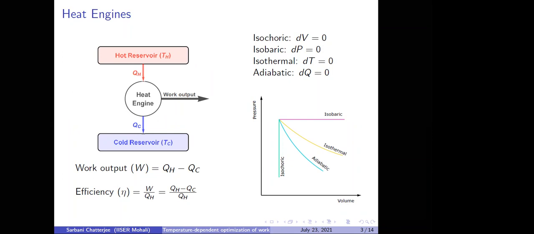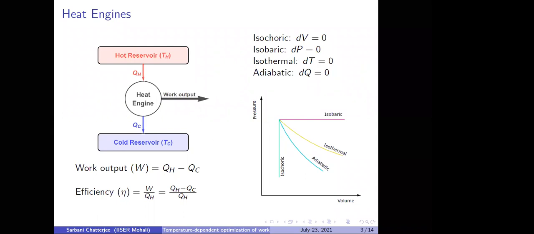Generally, we illustrate a heat engine using the energy reservoir model, which shows the engine connected to two thermal reservoirs, one of which is kept at a very high temperature, say TH, and is a constant heat source for the engine. The other reservoir is kept at a very low temperature, say TC, and is a heat sink. Both these reservoirs should have an infinite heat capacity.